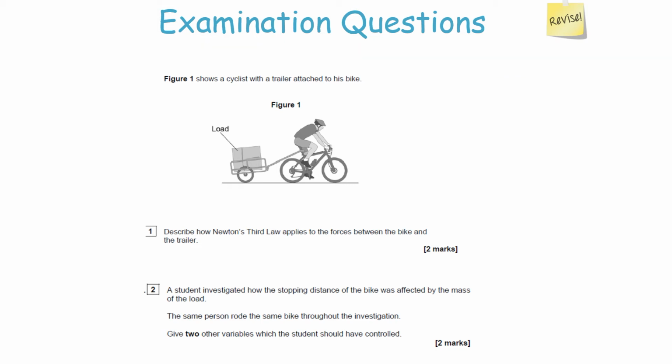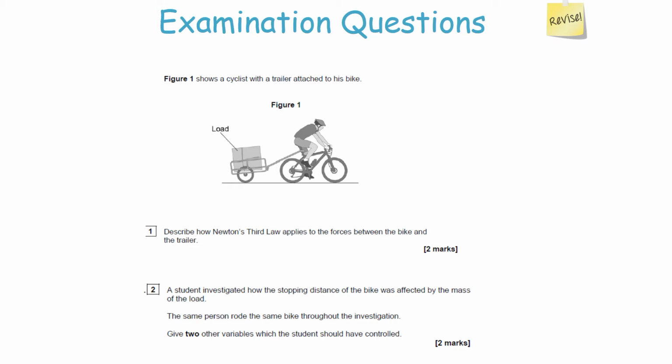It's very important when you look at forces in physics that you memorize Newton's 3 laws. Newton's third law is probably the most famous of the 3, and it states that when two objects are in a system, they exert equal but opposite forces of the same size on each other.